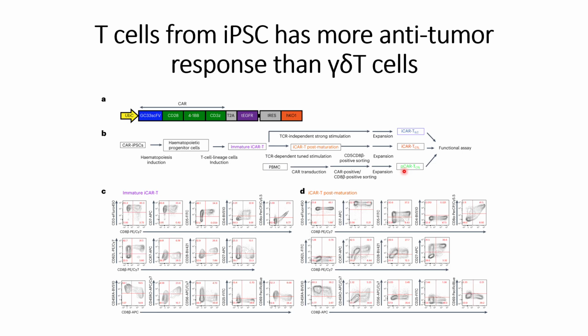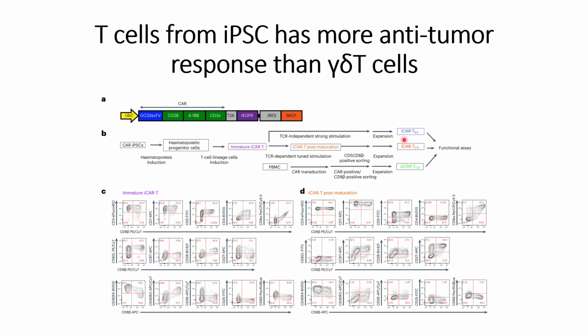The basic markers that they used to identify the mature CAR-T cells are CD5 and CD8 beta positive signals. So they sorted for CD5 and CD8 beta positive signals in order to get the post-maturation iCAR-T cells.